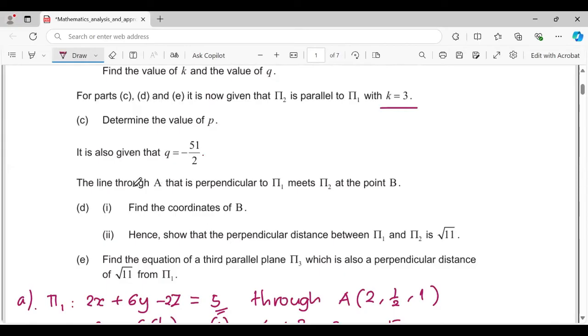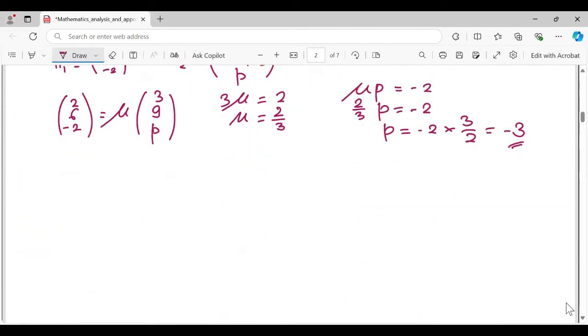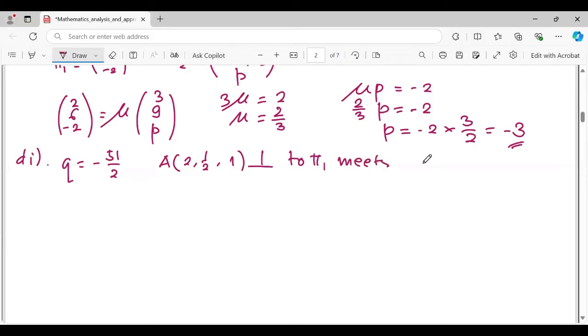The line through A that is perpendicular to plane pi 1 meets plane pi 2 at the point B. Find the coordinates of B. Here q equals minus 51 over 2, and A is (2, half, 1). The line is perpendicular to plane pi 1 and meets plane pi 2 at the point B.